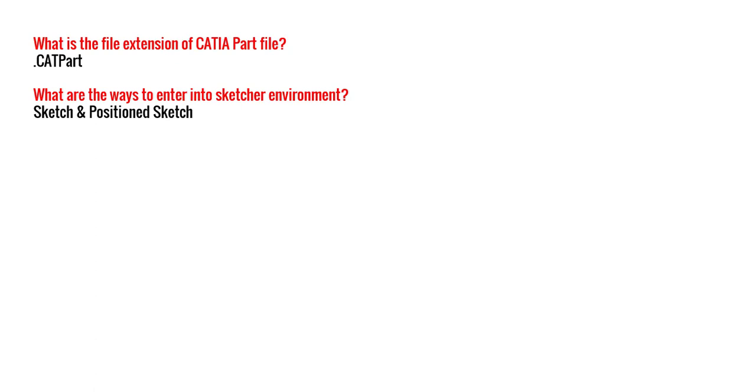But when you use positioned sketch, then it actually asks you to define the orientation in which you want to work with the sketches. It allows you to determine the orientation of the sketch that you are going to create.